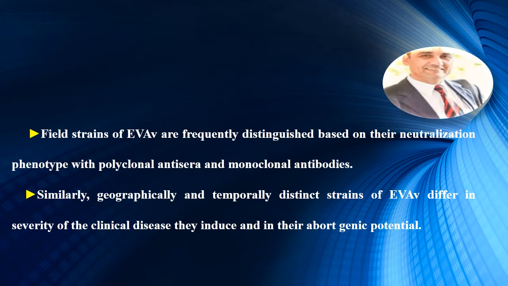Field strains of equine viral arteritis are frequently distinguished based on their neutralization phenotype with polyclonal antisera and monoclonal antibodies. Similarly, geographically and temporally distinct strains of equine viral arteritis differ in the severity of the clinical disease they induce and in their apparent genetic potential.